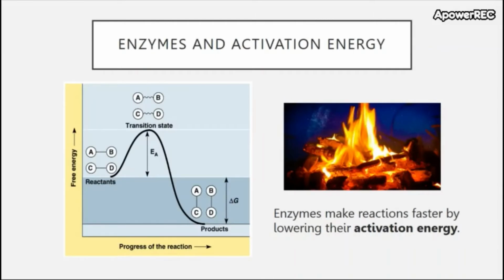Moreover, these chemical reactions that take place in metabolism require a process of activation energy. In this reaction coordinate, we can see progress of the reaction on the x-axis and the amount of free energy on the y-axis.